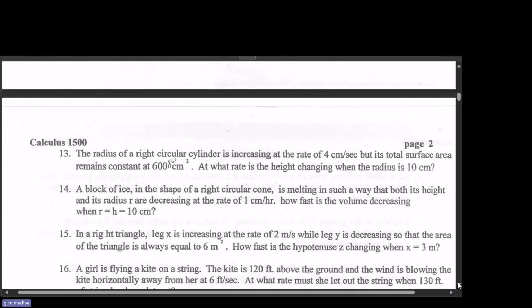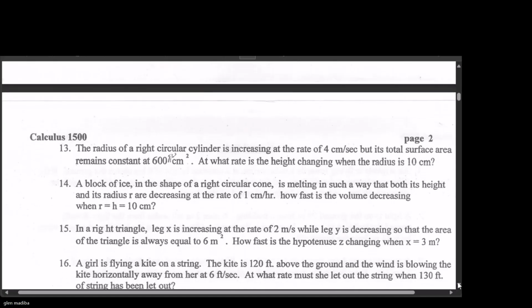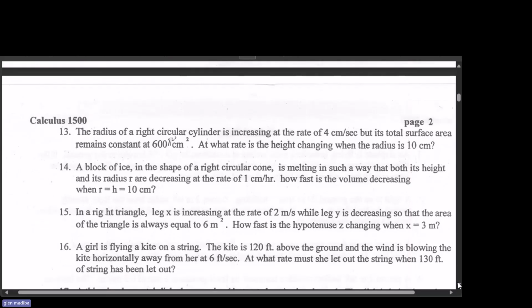Now let's look at number 16. Number 16 is talking about a girl. It says this girl is flying a kite. This kite is attached to a string, or is on a string.